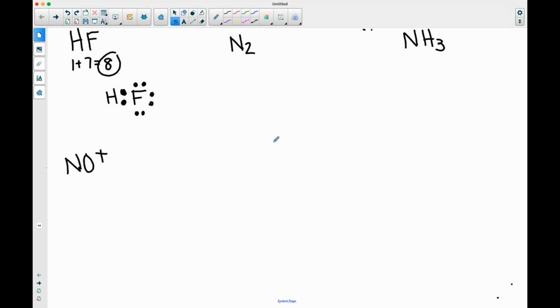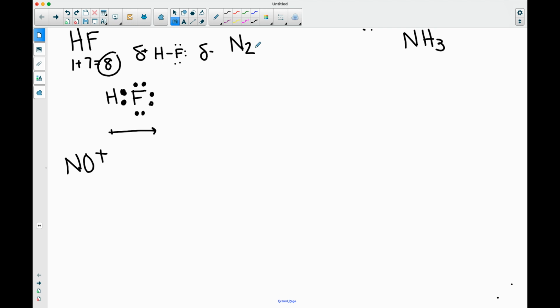Now, once again, you can either use an arrow to point to the negative side because this does indeed have a dipole moment, or if we redraw it and we want to use the deltas, we're going to use delta negative on the side with the higher electronegativity and delta positive on the side with the lower electronegativity.